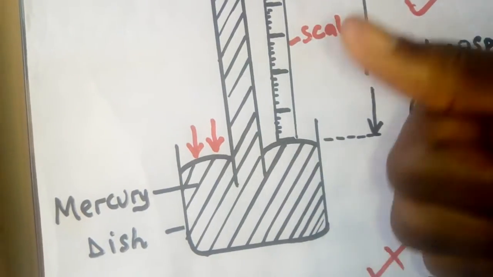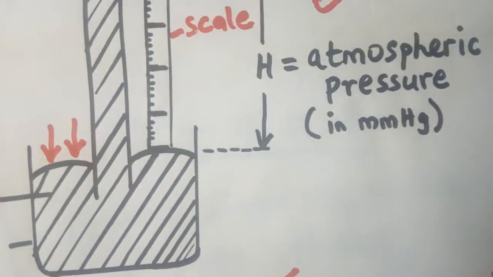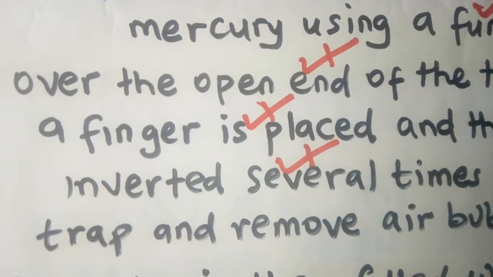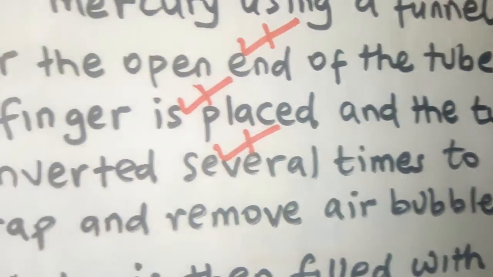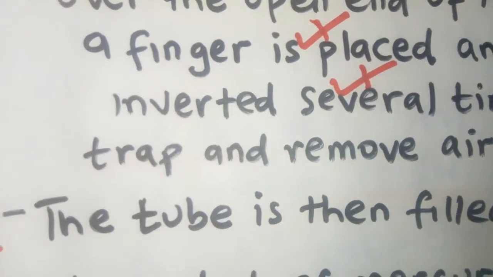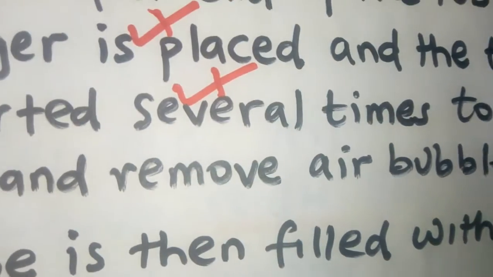You close the open end with the finger. And then you invert it so many times. Turn it upside down so many times. That's why we are saying over the open end of the tube, a finger is placed and the tube inverted several times to trap and remove the air bubble. You see?